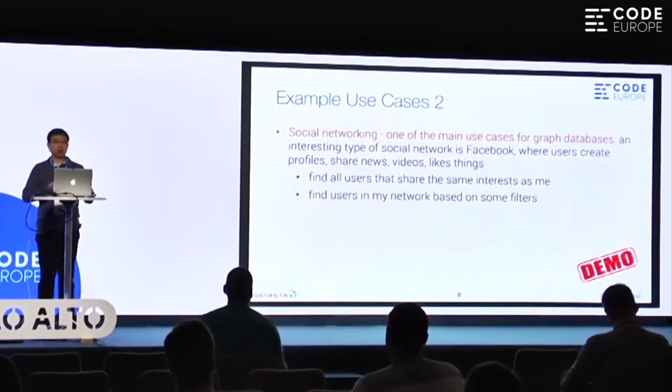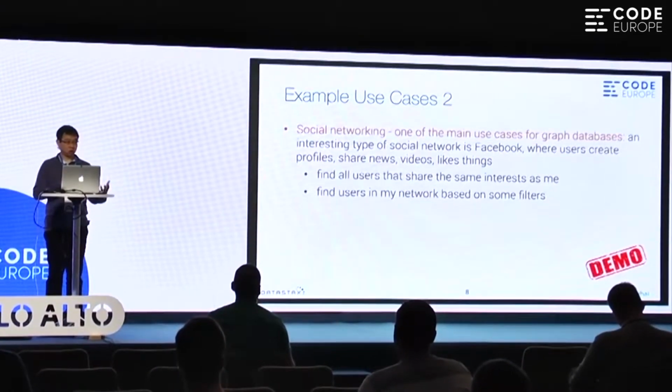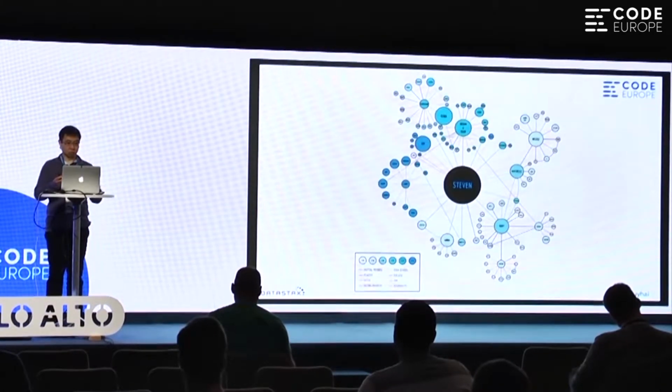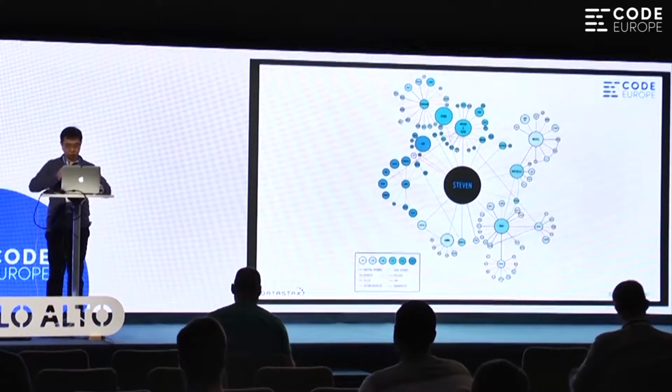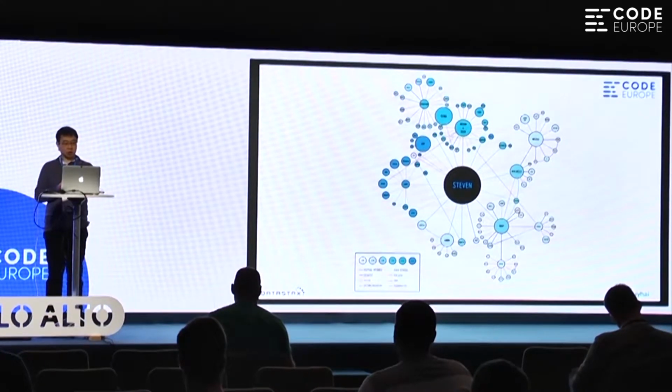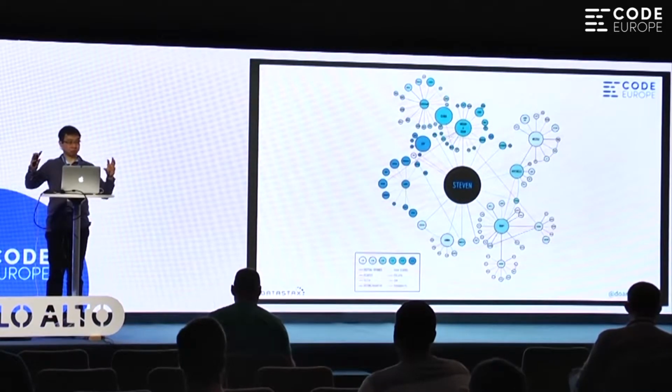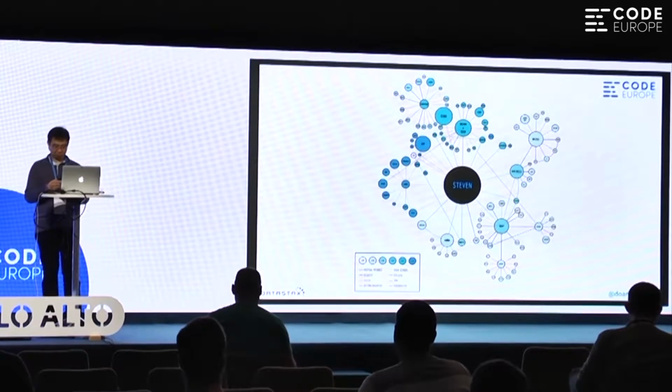Or you want to find some users in your network based on some filter. So we can use graph, because every user is connected some way, right? So you can start from the main user, which is Steven here, and try to expand the graph to find matching users.